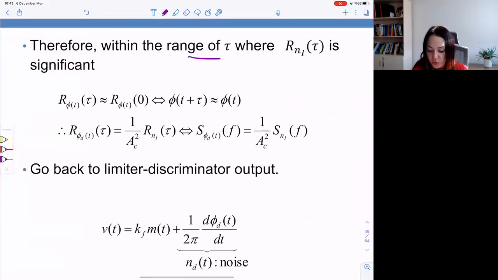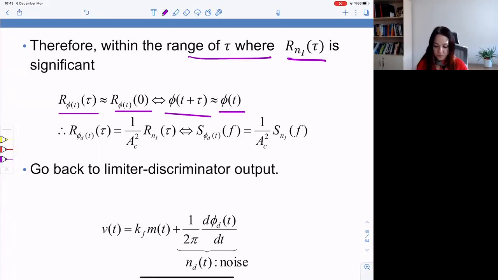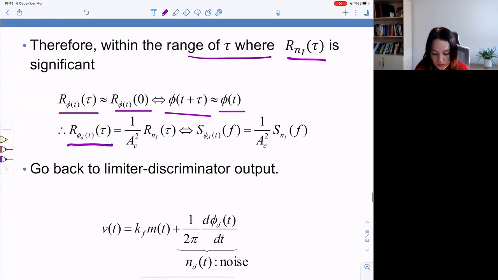Okay, so within the range of tau where our Rni of tau is significant, the autocorrelation function is flat. It's approximately equal to its value at 0. Okay, which means approximately phi of t plus tau is equal to phi of t. In other words, this thing, our R phi d of tau, is equal to Rni of tau.